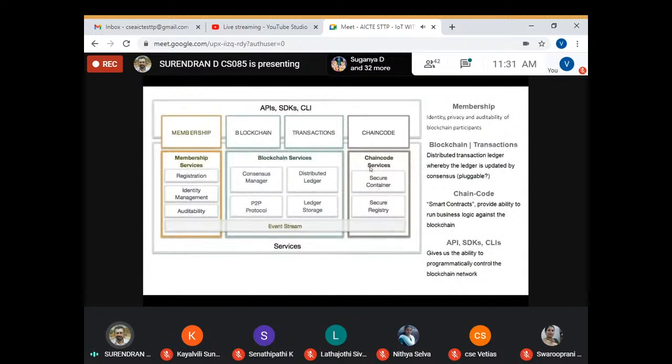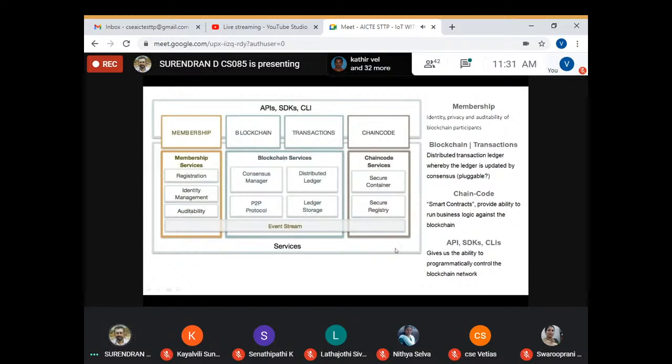So here are the services: the membership services, blockchain services, transaction services, and chain code services. This is a pretty thing you need to understand. It's the identity, privacy, and auditability of blockchain participants. That's the membership plane. The blockchain or the transactions is the distributed transaction ledger, whereby the ledger is updated by the consensus. Coming to the chain code, the chain code is the smart contracts that provide the ability to run business logic against the blockchain.